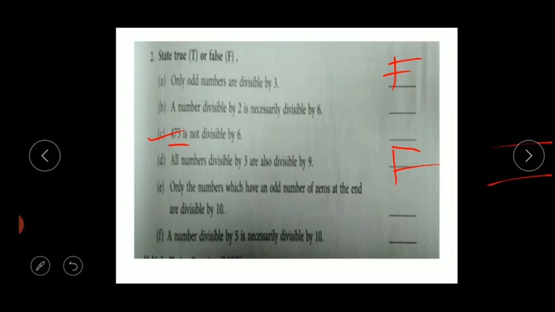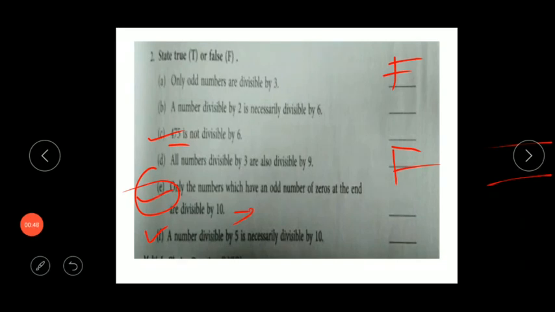So next question we have, only the numbers which have an odd number of 0s at the end are divisible by 10. Is it so? No, I don't think so. So you'll just check out the divisibility rule to solve this. So this one you are going to try yourself. Okay, so the last one left out here is number F. A number divisible by 5 is necessarily divisible by 10.